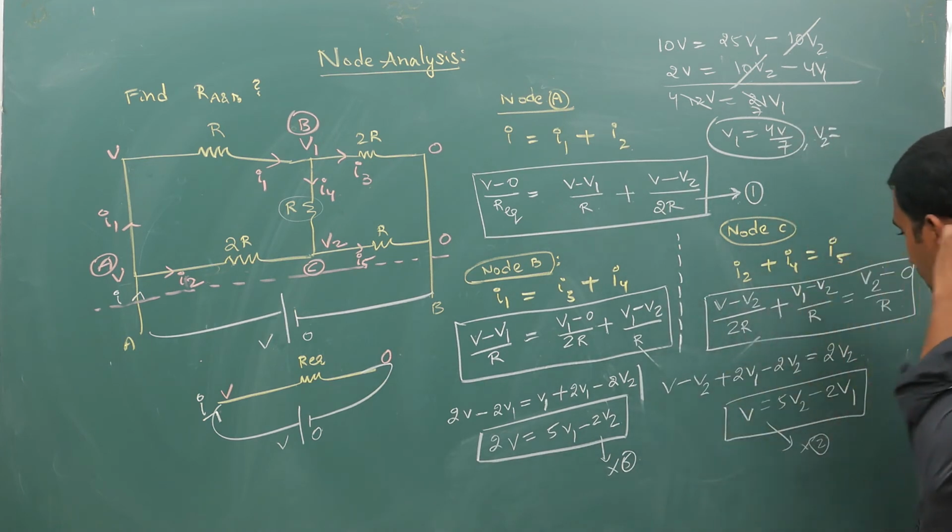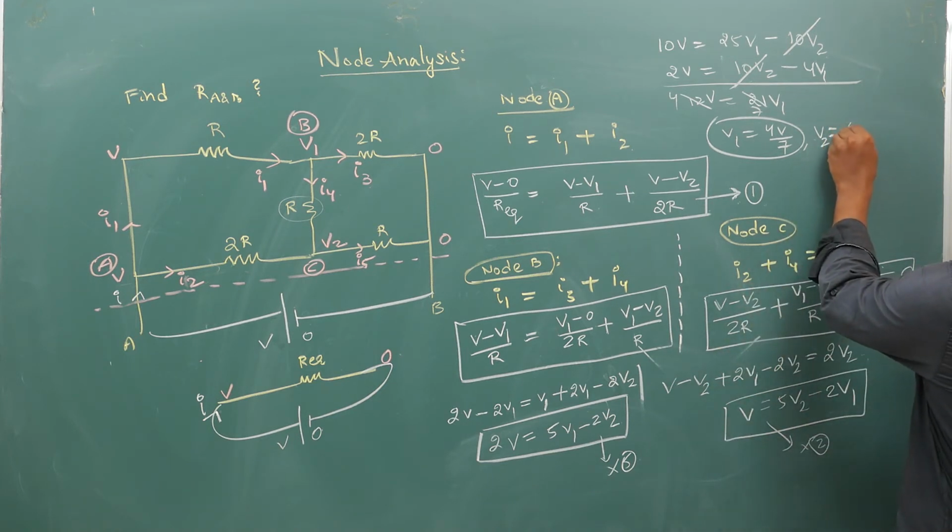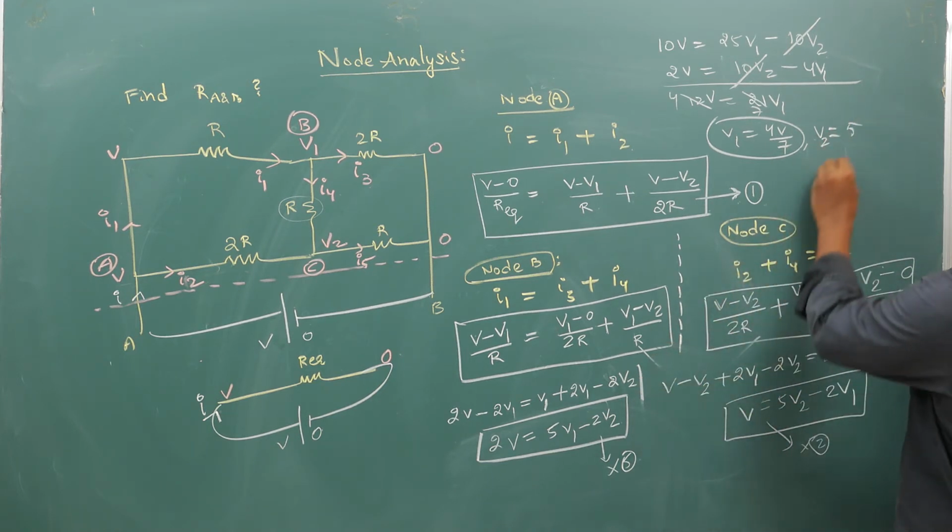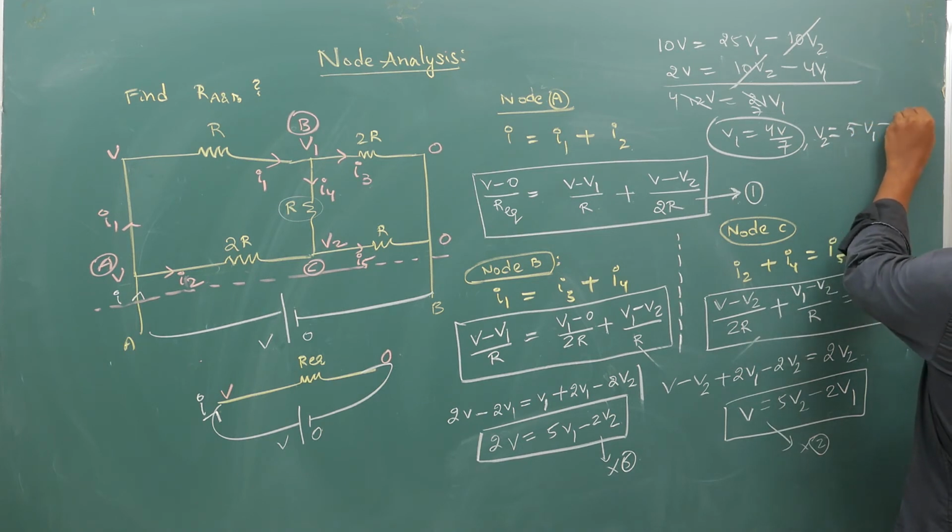So here your V2, from here your V2 can be written as V2 is 5 times V1 minus 2V by 2.